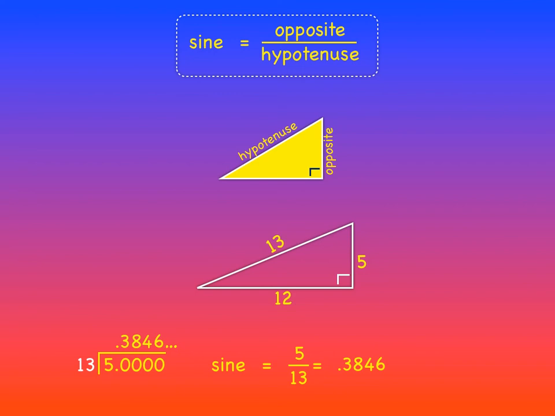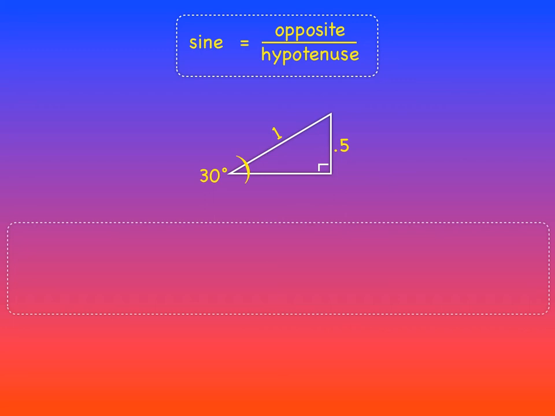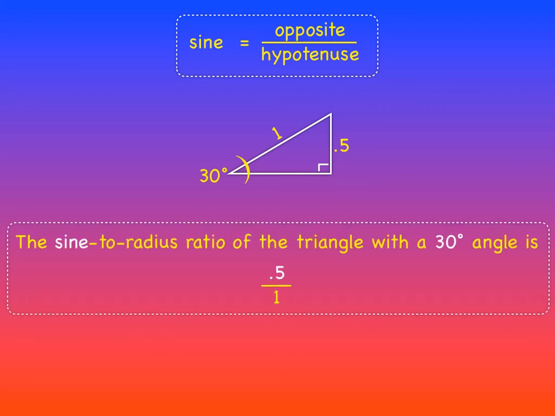So now our sine of that figure is 0.3846. Looking at this triangle, the sine to radius ratio of the triangle with a 30-degree angle is 0.5 to 1. And the quick way of saying it is sine of 30 degrees is 0.5.